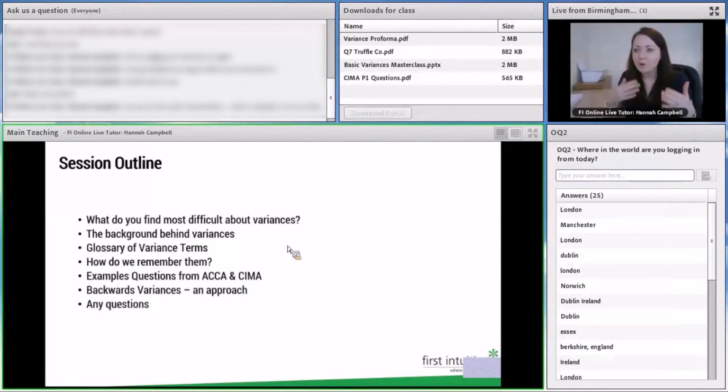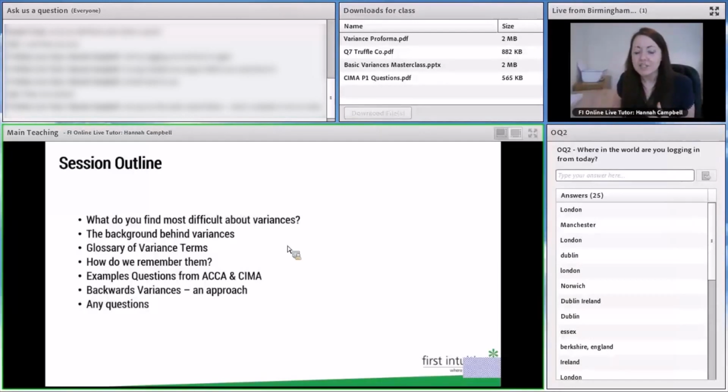How can we build them up so that if we don't want to learn lots of formulas, or lots of proformas, if we understand what this variance is trying to do, we could then replicate that and calculate it in the exam?